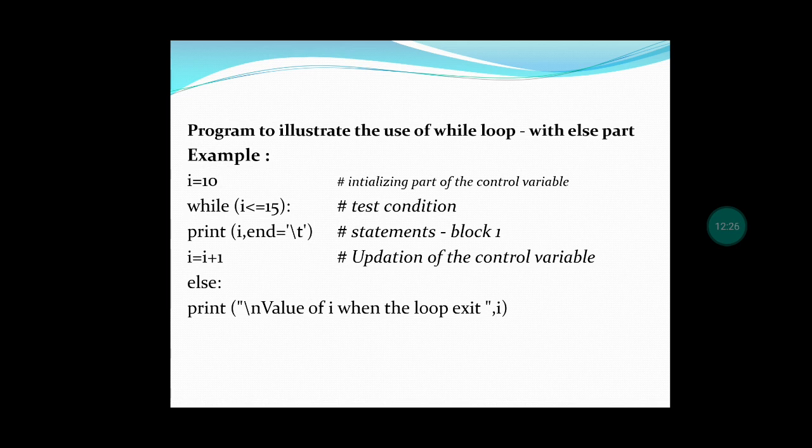Updation means i = i + 1. The answer will be the same. When the condition becomes false, the else part will be executed, that is the value of i when the loop exits, that is 15. So finally we get this output. This is the while loop with else part.